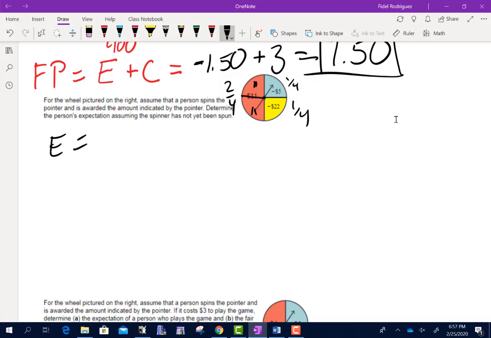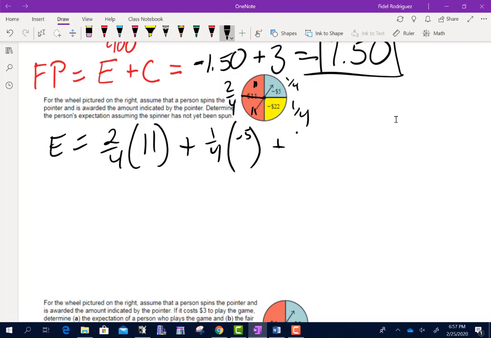If we land here, we have a 2 out of 4 chance we win $11. If we land in the aqua one, 1/4, we lose $5. If we land in the yellow one, probability is 1/4, we actually lose $22. So again, I know my common denominator here, guys, for all these problems is going to be 4.